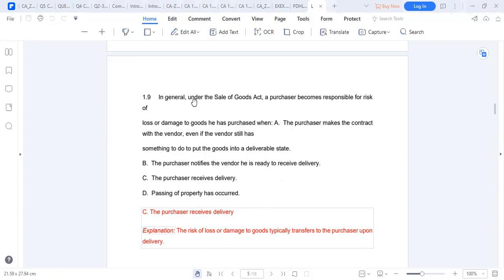Firstly, you need to understand what the Sale of Goods Act provides for. The Sale of Goods Act is meant to protect the sellers and buyers of particular goods that are either in transit, or have been delivered or not yet delivered, under different circumstances.